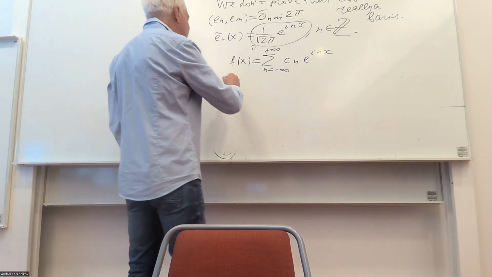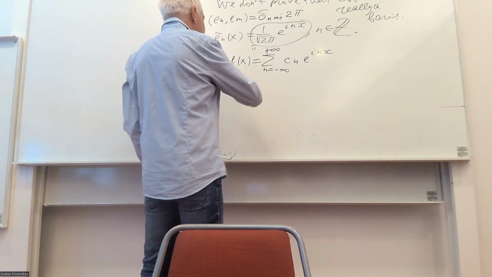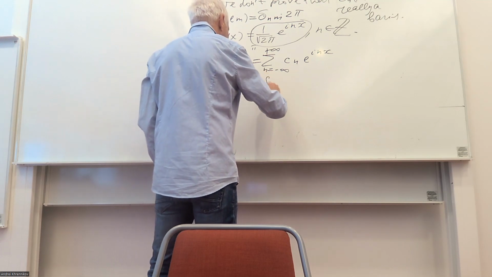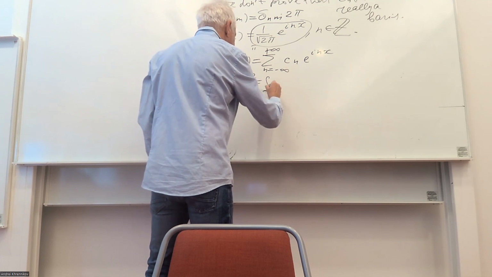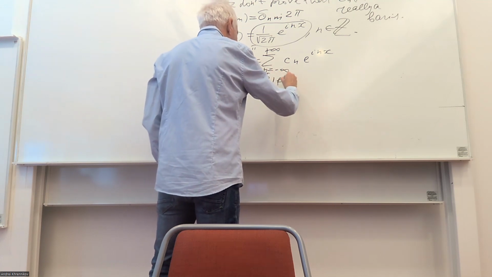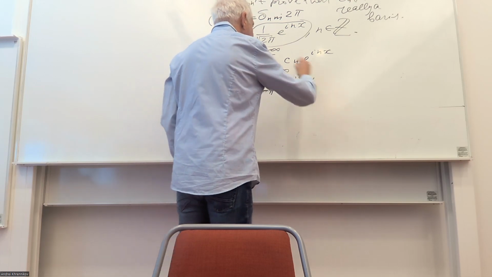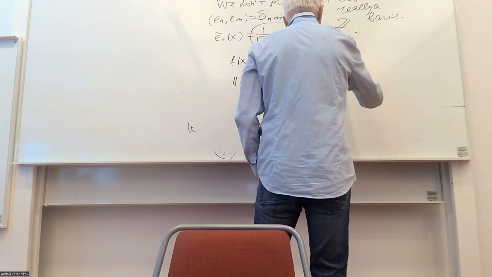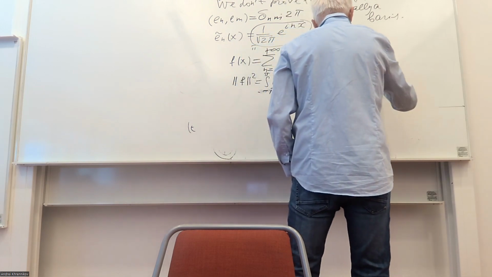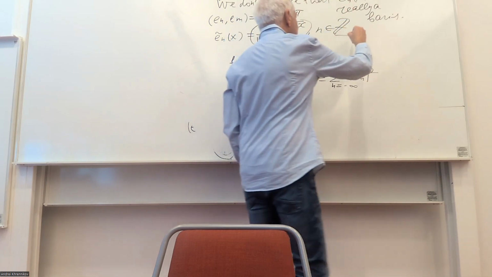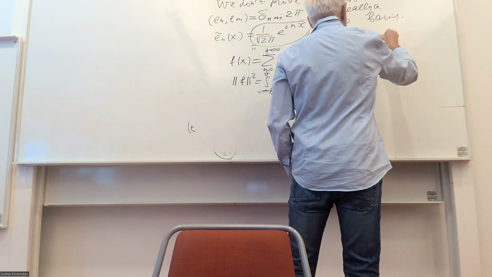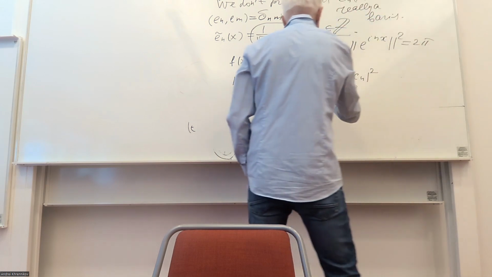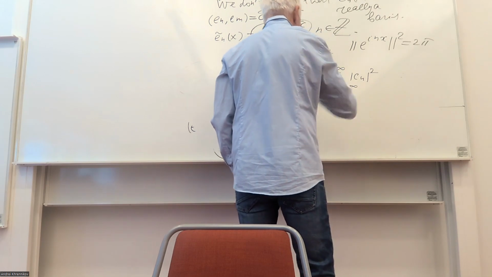And if you want to write the Parseval equality, it would be the integral from minus pi to pi of f(x) squared dx, and it would be equal to the sum for n from minus to plus infinity of c_n squared times the square of the norm of e_n, which we calculated as 2 pi. So it would be 2 pi.